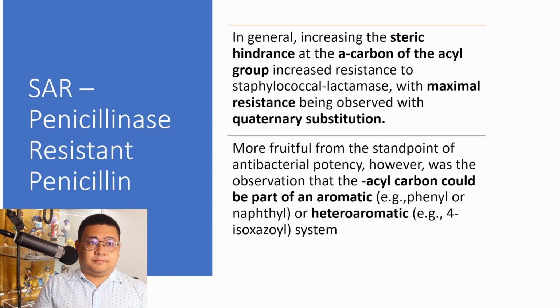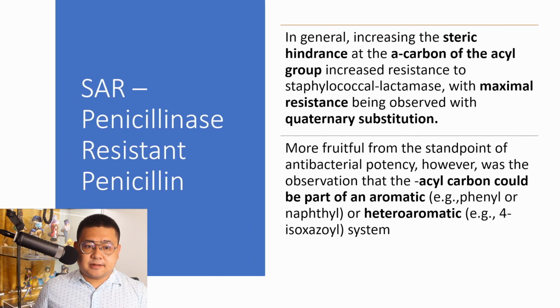So in general, we have our first SAR, which is the development of penicillinase-resistant penicillin. These are penicillin structures which are resistant to penicillinase. An example of bacteria that use penicillinase is our Staphylococcus aureus.